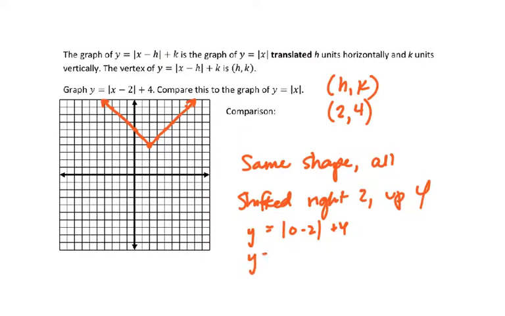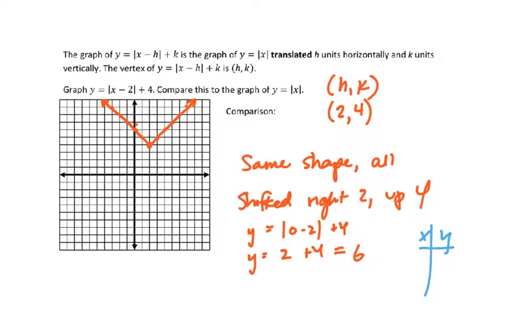And the absolute value of negative 2 is 2 plus 4. So y is 6. Plug in 0, go up 6, and that's exactly where that point is. So you can do it the old-fashioned way by plugging in and making an xy table, but because we had the parent function, we didn't have to do that. We said, oh, the vertex is shifted right 2, up 4, and then I just drew the same graph, shifted the same amount.